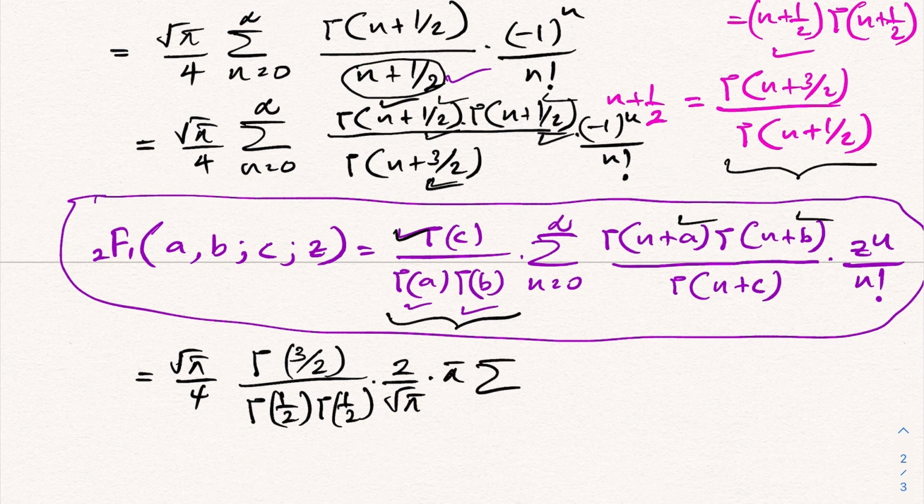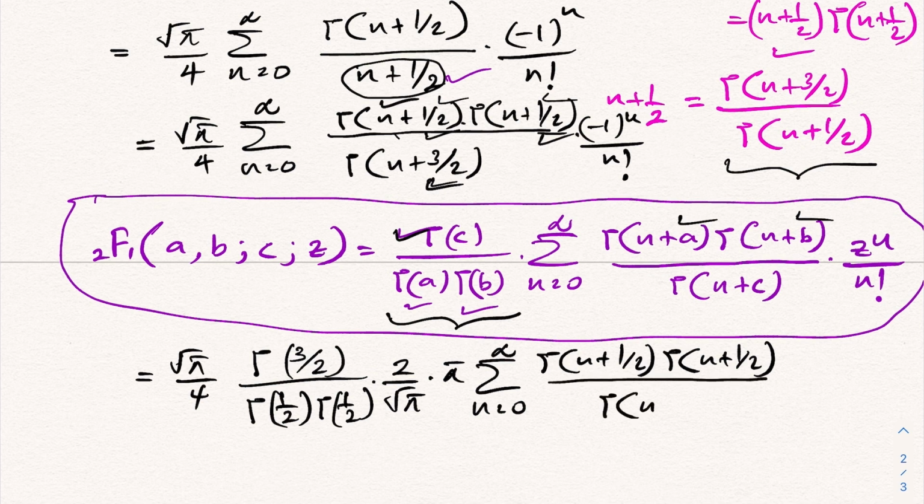Then here we have n equals 0 to infinity gamma of n plus 1/2 times gamma of n plus 1/2 over gamma of n plus 3 over 2 times minus 1 to the n over n factorial.